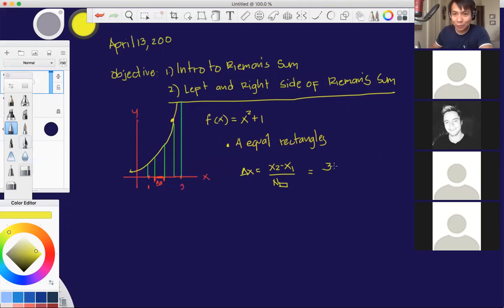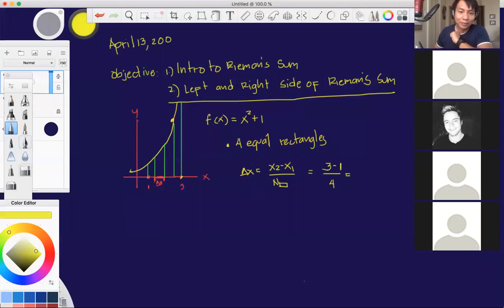Your x sub 1, guys, what's going to be your x sub 1? What's the value of our x sub 1? 1. Yes, that will give us 1. Why is it 1? Because it's bounded by 3 and 1. Divided by how many rectangles, guys? 4. Very good.